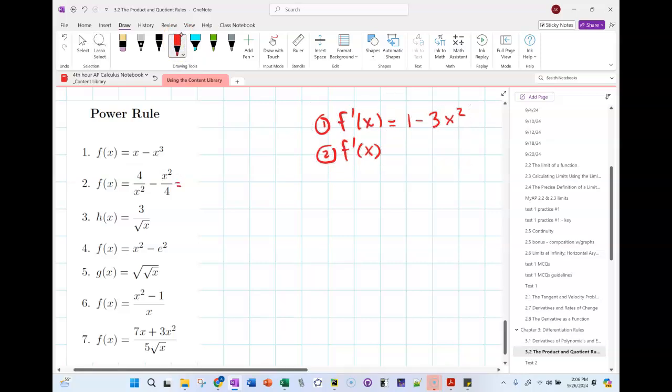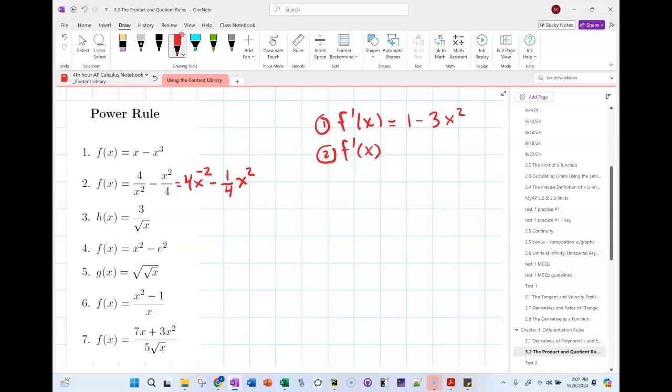Before I start this, I would do a little bit of algebra to manipulate this into a better looking form. How can I rewrite this x in the denominator? You can use a negative exponent there. And x squared over 4 is the same thing as 1/4 x squared.